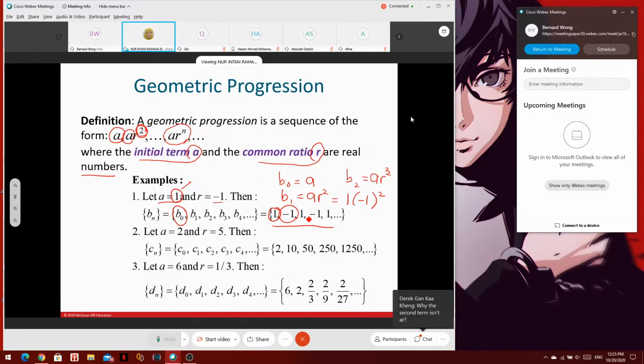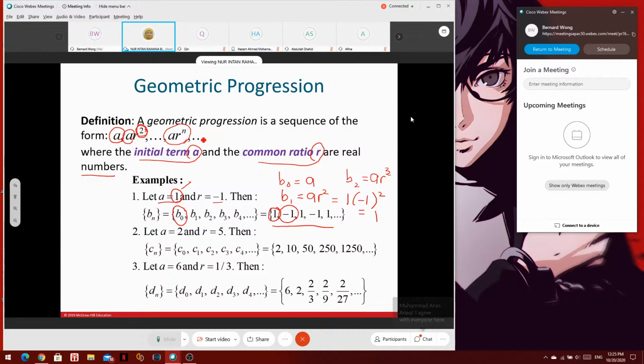But why is it negative? It's supposed to be 1, right? Okay, let's check. Oh, I just see, ar.